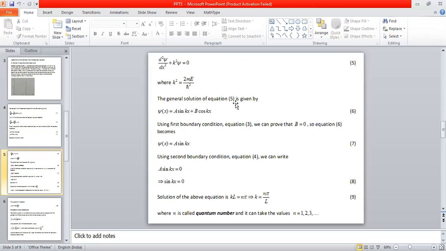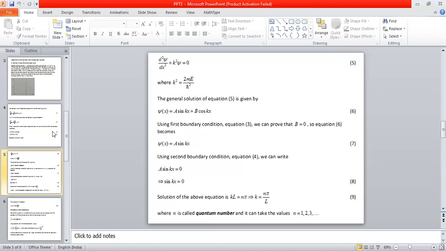The equation 5 has the general solution psi of x is equal to a sin kx plus b cos kx, where a and b are constants which we need to find out. As usual, k square is 2mE by h cross square, so k is equal to the square root of 2mE by h cross square. That is a very simple thing.